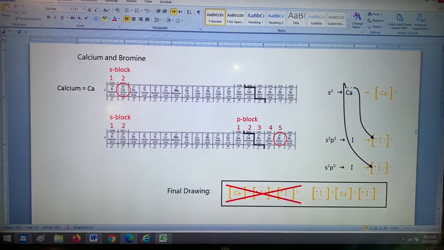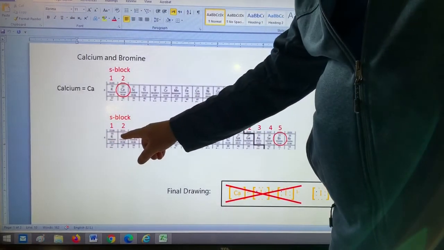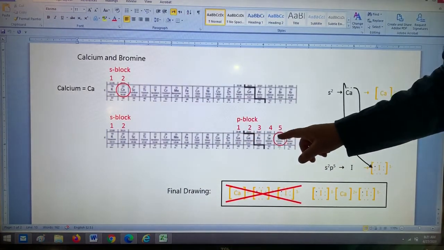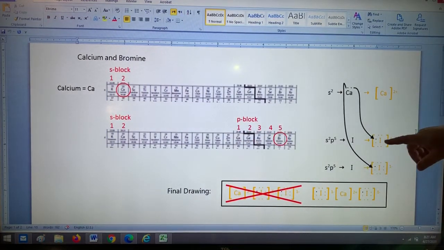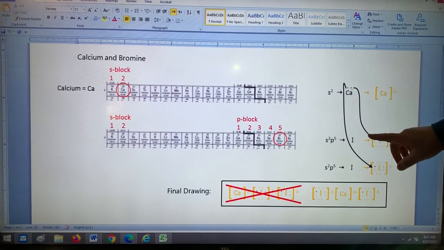Now when we go to do the halogen, we have 2 for the S block, and then we have 5 for the P block. So if you look at these yellow dots here, I've got 2, 4, 6, and then here's the 7th yellow dot. And because of the 7 places, there's one empty spot right here, and this one electron fits there.